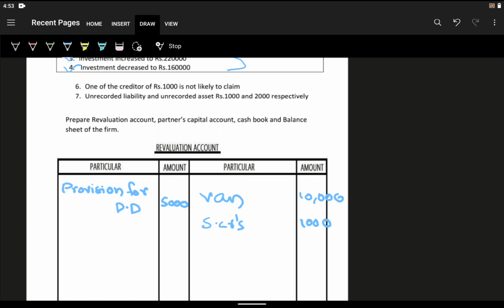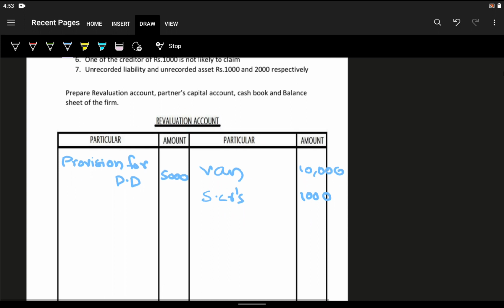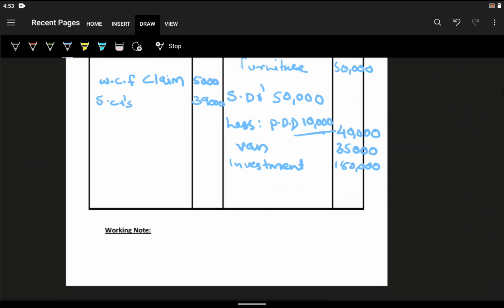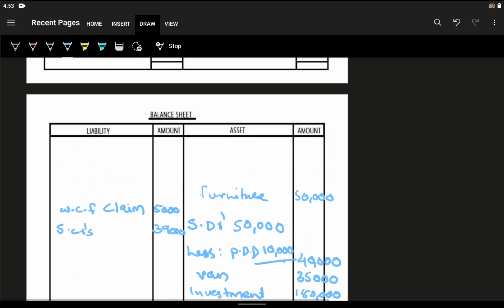So we will write unrecorded asset 1,000 in profit side of revaluation, and we will write in new balance sheet unrecorded asset 1,000.